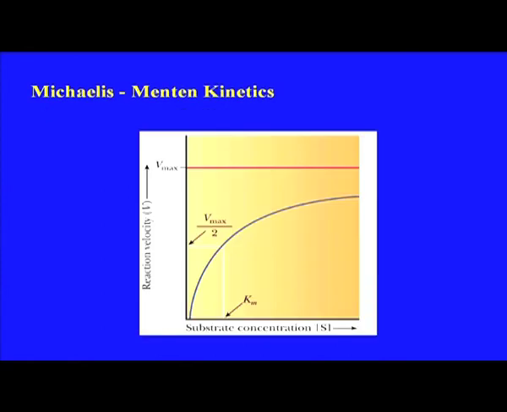So, if you plot the reaction velocity as a function of substrate concentration, the graph will look like this. Initially it will rise and then ultimately it will be close to saturation.